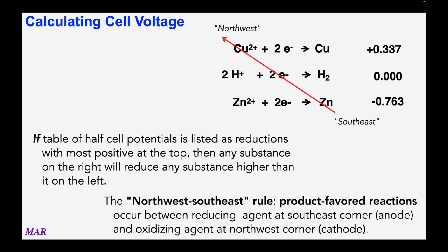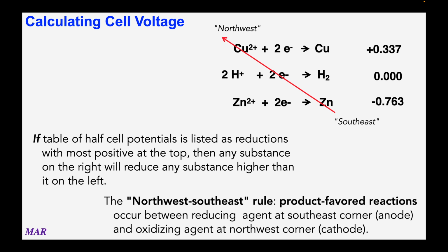Remember, reducing agent means oxidized. Oxidized is in the lower right, and then the oxidizing agent will be reduced in the upper left, the northwest corner, all right? So as we saw earlier, zinc and copper 2 plus will make copper and zinc 2 plus.